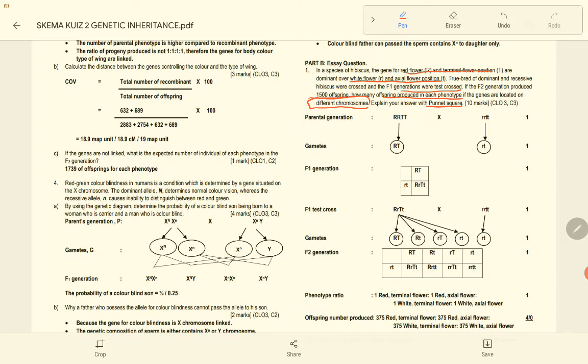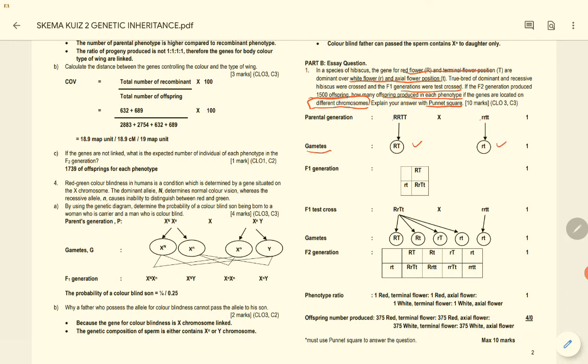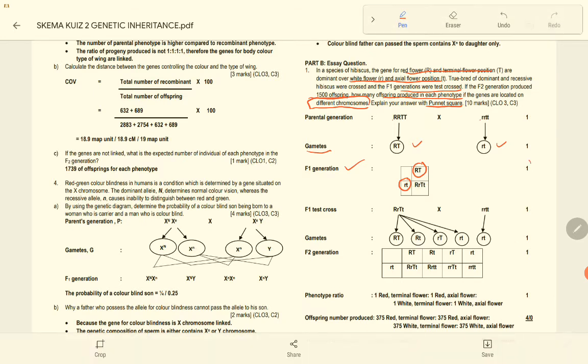So the parents: the parent is homozygous RRTT crossed with homozygous recessive rrtt. So you come down with the gametes here: big R, big T, small r, small t. For the F1 generation, we should show it in a Punnett square. If it is not a Punnett square, you lose this mark.